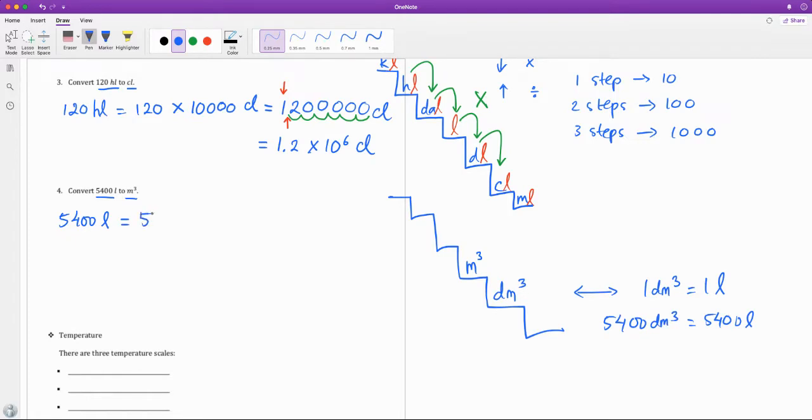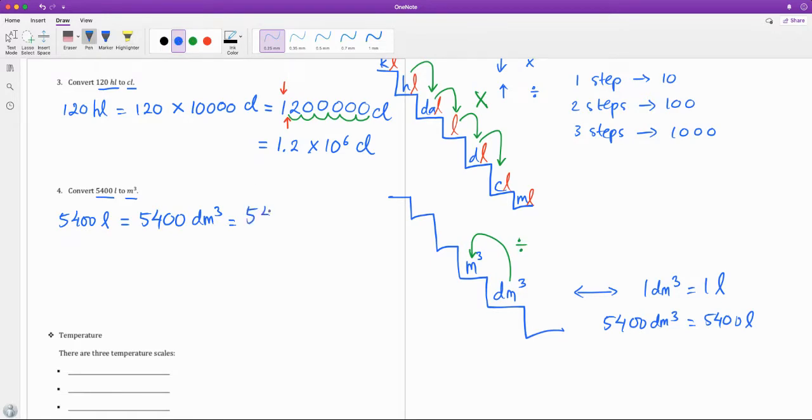So we can change it into 5400 decimeter cubic. And then from decimeter cubic to meter cubic, step up by 1 step. Means we need to divide.